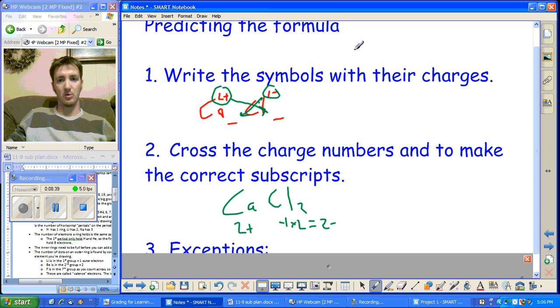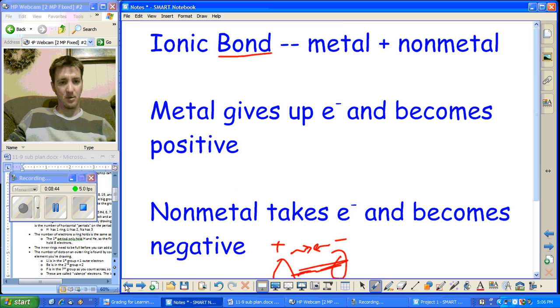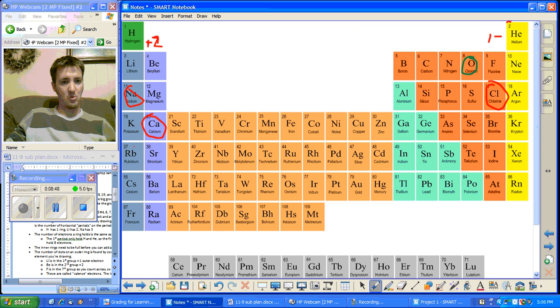Alright, so predict the formula if you have rubidium and nitrogen. So Rb and N. Ready to go.